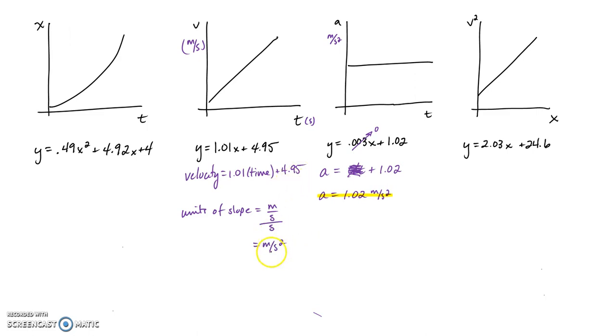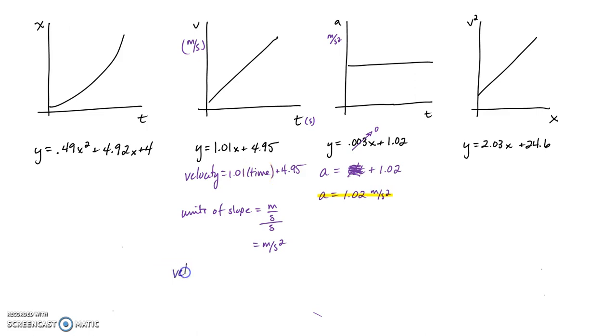And, oh, interesting. So that means that this 1.01 has units of meters per second squared. So I've got a slope value of 1.01 meters per second squared. Huh. That looks pretty similar to my acceleration value. In fact, it's basically dead on. So I would then infer that my acceleration is the slope of my velocity time graph.